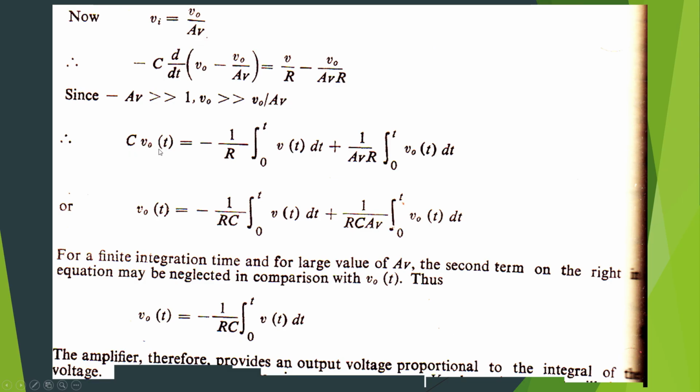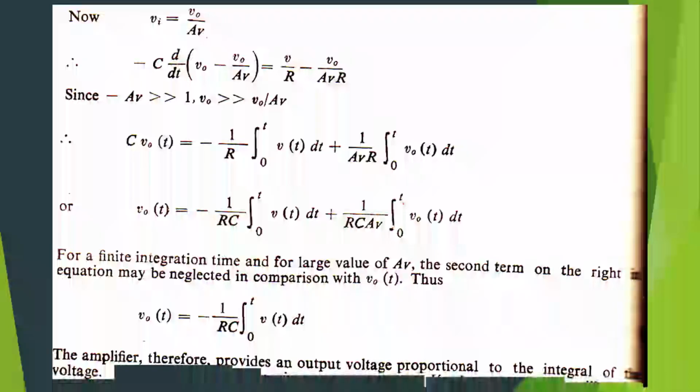So C V0 of t equal to minus 1 by R integral 0 to t V of t dt plus 1 by AVR integral 0 to t V0 of t dt, or V0 of t equal to minus 1 by RC integral 0 to t V of t dt plus 1 by RC AV integral 0 to t V0 of t dt.